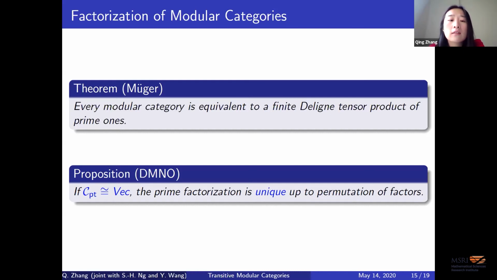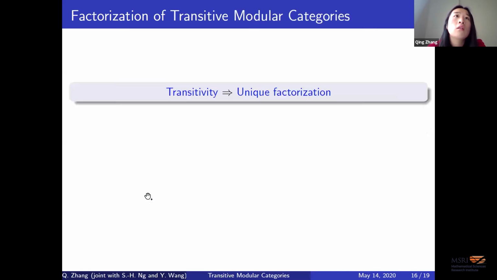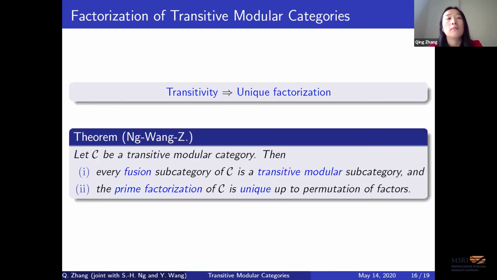Recall that, as we mentioned earlier, transitivity implies no non-trivial invertible object, and C-pointed is a maximal subcategory generated by non-trivial pointed objects. So for transitive modular categories, we have unique factorization. To be more specific, we have the following theorem.